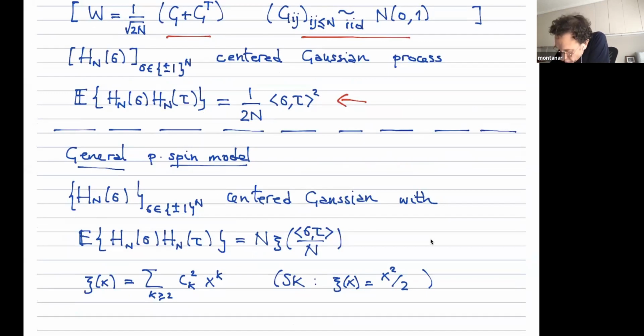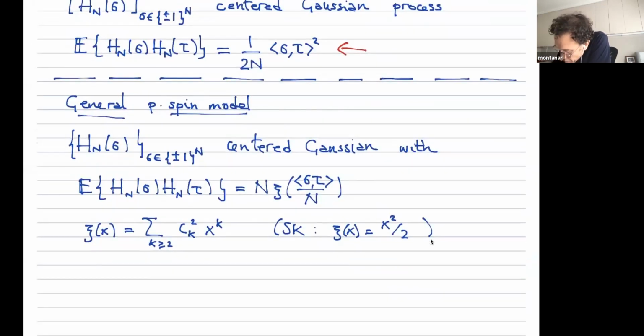One generalization of this model is the p-spin model, and the most convenient way to introduce it is again as a centered Gaussian process with covariance that is now more general, n times a function of sigma dot tau divided by n.